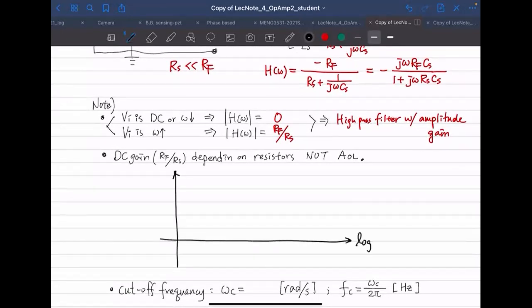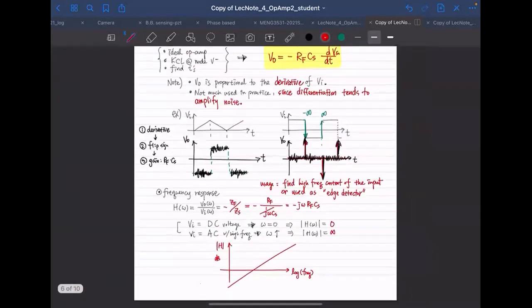this is log frequency, and this is H magnitude in decibel scale, and here is the value 0 dB. And our ideal case looks like that for the differentiator. If you remember from the previous page, it was going up like this.